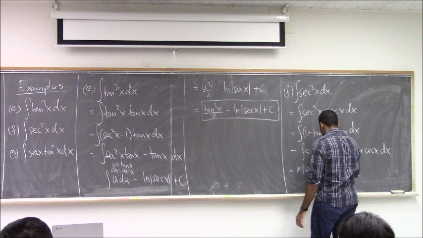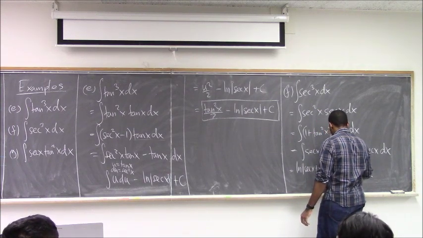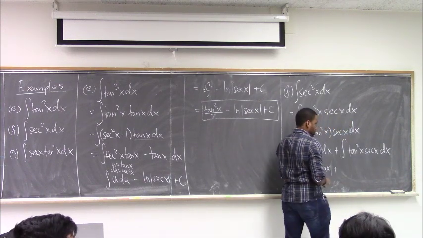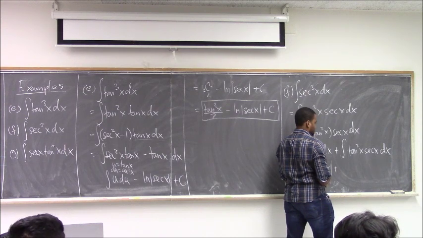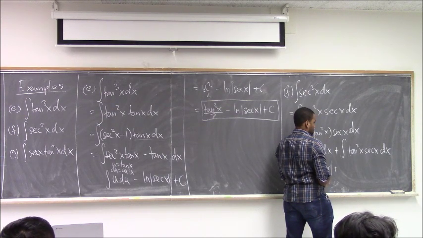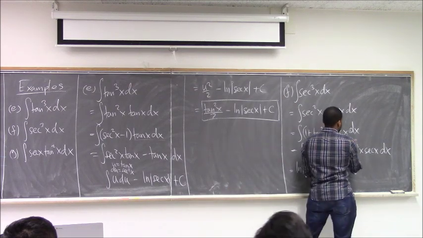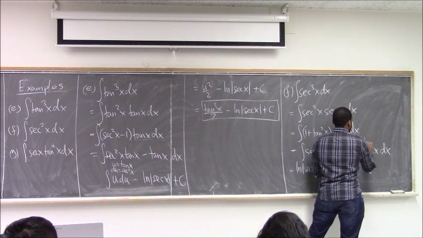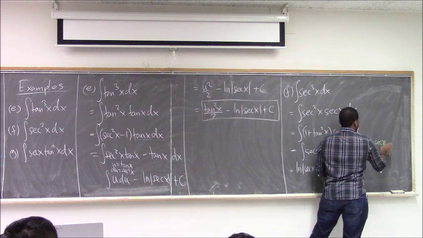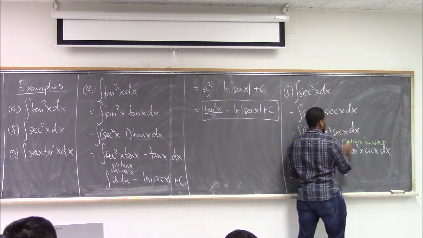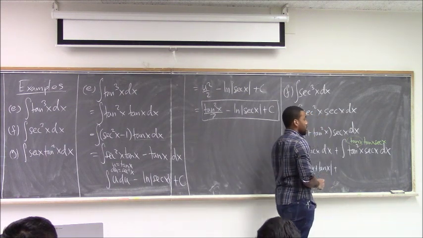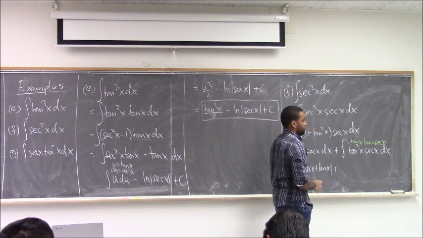Yep, we looked at that last time. And for the second one, I would take out the tan x and set u equal to tan x. So you want to think of this as tan x times secant x, and you're going to say u equals tan x. Your du is going to be?